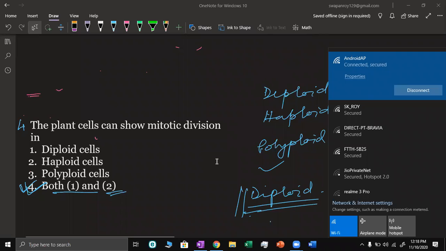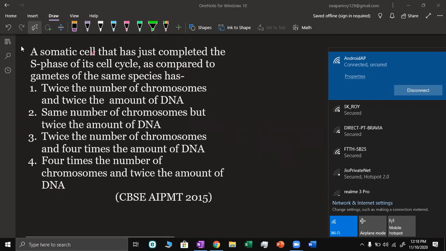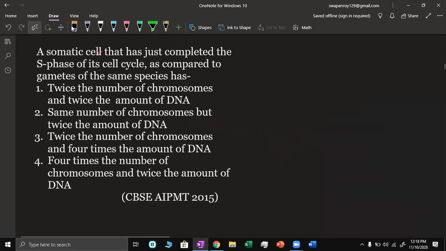Next question will be question number 5. A somatic cell that has just completed S phase of its cell cycle, as compared to a gamete of the same species.